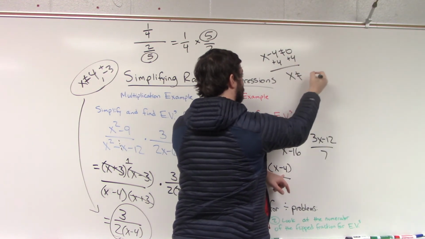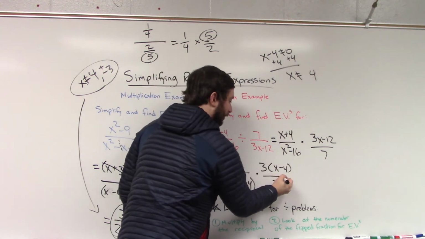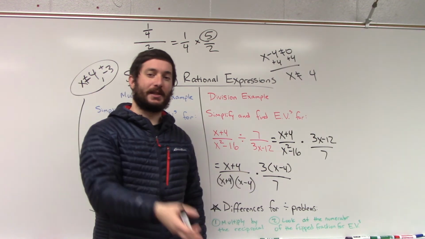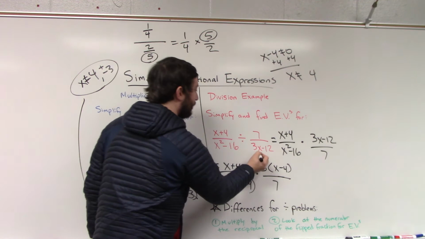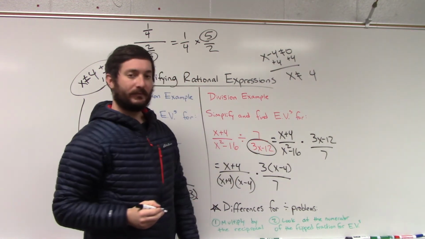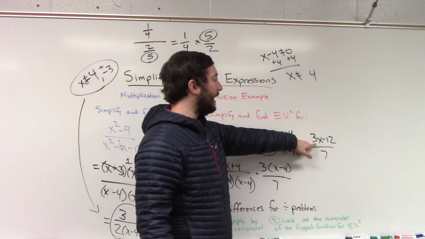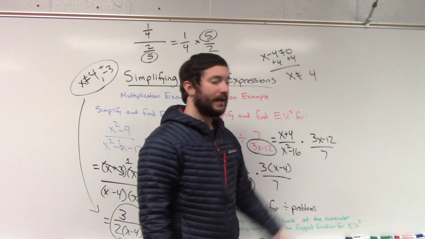X cannot equal 4 because 4 minus 4 would be 0. Normally you can have 0 in a numerator, that would be fine, right? 0 divided by something is just 0. But because this started in a denominator, for division problems alone, you must look at that top right numerator as well as your denominators for excluded values.